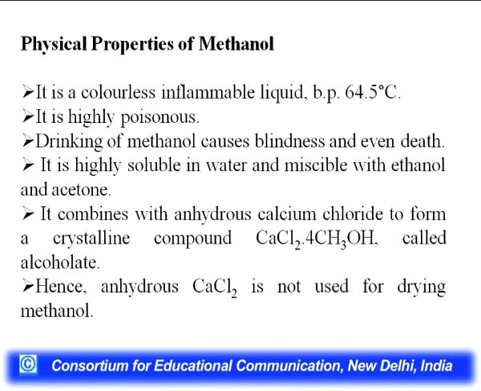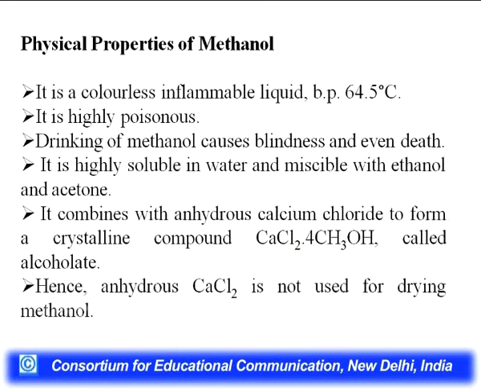Now, physical properties of methanol. It is a colorless inflammable liquid, boiling point 64.5 degrees Celsius. It is highly poisonous in nature. Drinking of methanol causes blindness and even death.